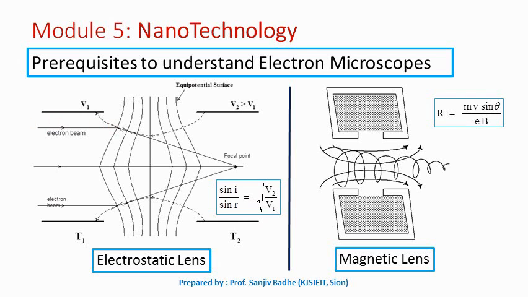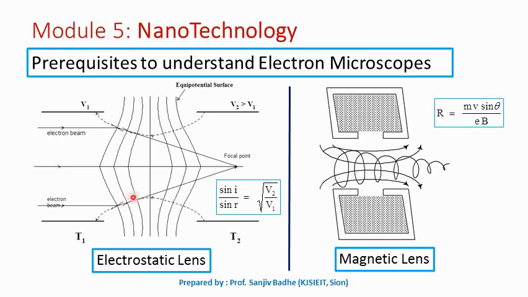So now when electron beams enter this region of non-uniform electric field, these electron beams are focused, brought to a point which is called the focal point. This happens due to the continuous change in direction of the electron beam because of the electric force acting on them as they travel through this non-uniform electric field.